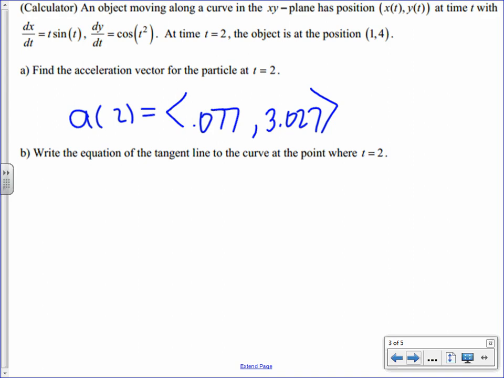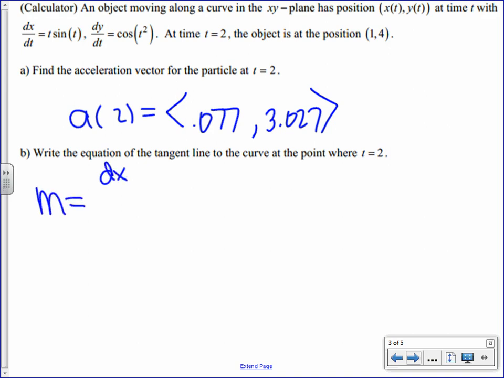Okay. So now, everyone getting these in our acceleration vector? We can work our calculators. Now we want to write the equation of the tangent line to the curve at the point where t equals 2. So tangent line means we need what? Slope. And a point. So how are we going to find slope?